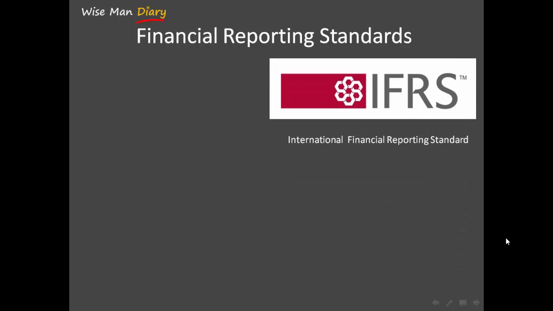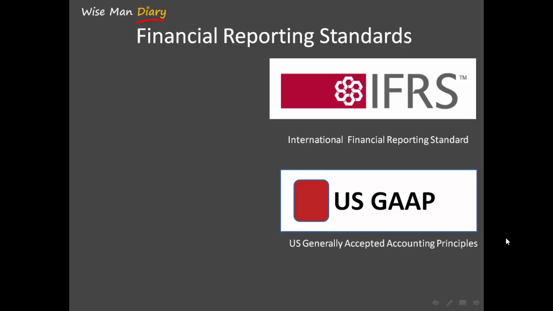We have two main financial reporting standards that accountants can use to prepare financial statements. The IFRS, which stands for the International Financial Reporting Standards, and the US GAAP, which stands for the US Generally Accepted Accounting Principles.